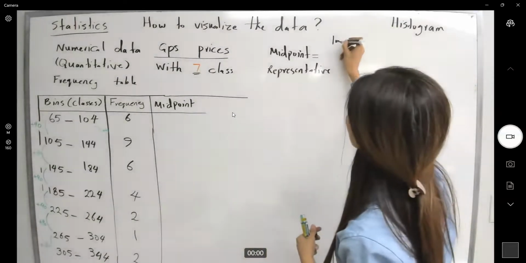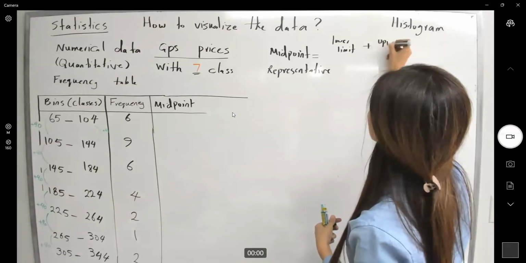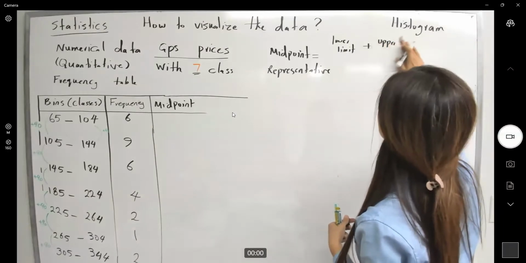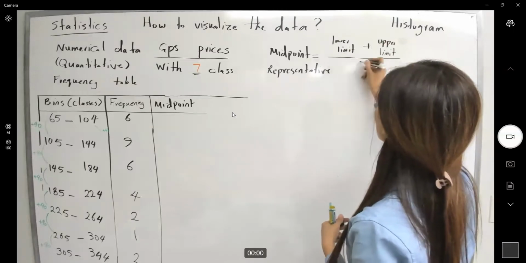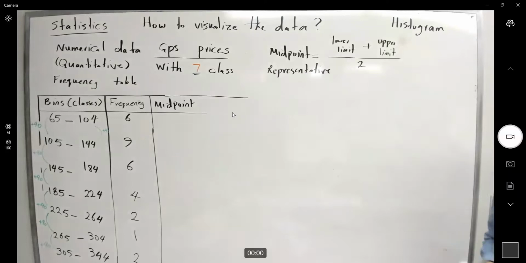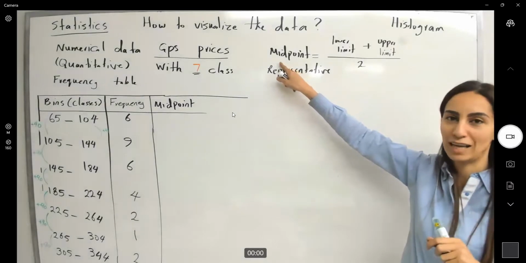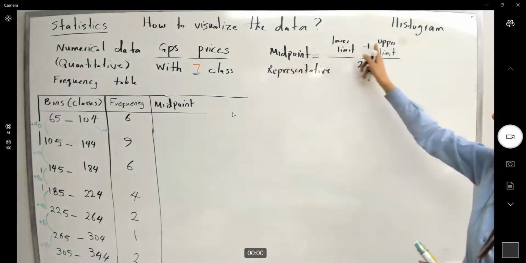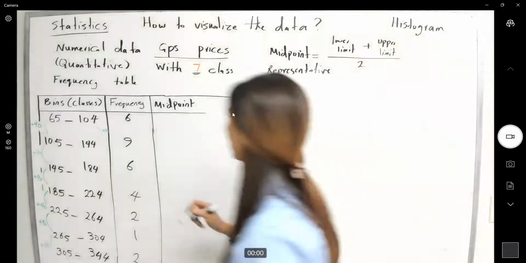So you take the lower limit plus the upper limit of the same class. Guys, you cannot jump into different classes and take the lower limit and upper limit and then add them together. For each class, the midpoint or the representative of that class can be found by adding the lower limit and upper limit and dividing it by 2, finding the average.